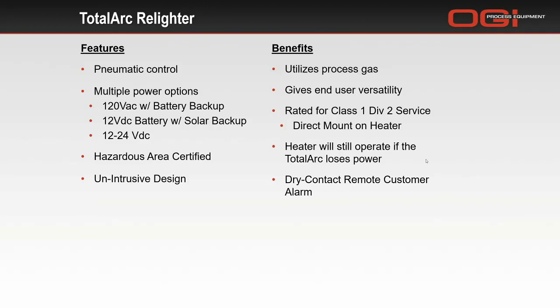I know some providers are not listed for Class 1 Div 2, and that requires their controls to be installed far away from the heater in a remote enclosure. And as mentioned before, even if you lose power to your unit, the TotalArc will allow the operation of your heater under manual conditions. And then the remote indication of a heater shutdown condition is provided via a dry contact relay.